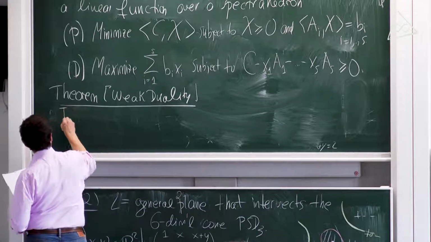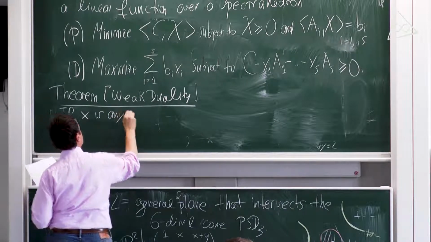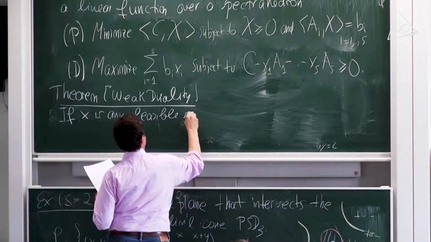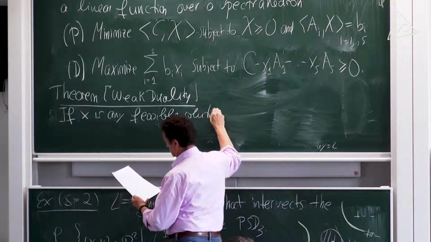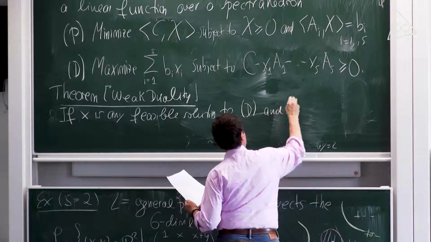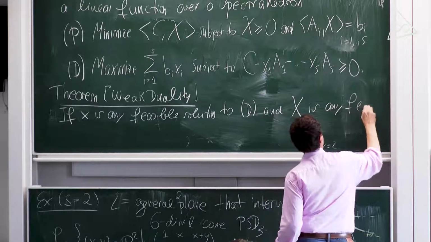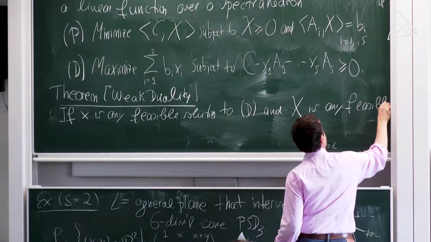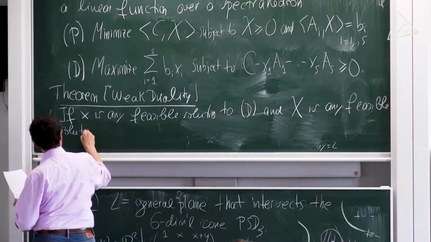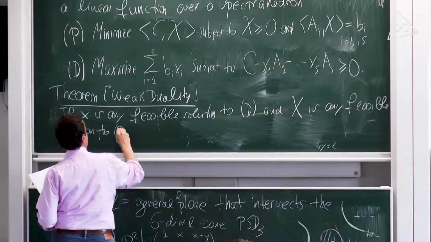Suppose little x is any feasible solution to the problem D, the dual problem, and capital X is any feasible solution to the primal problem, P.